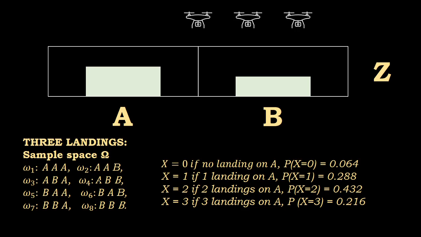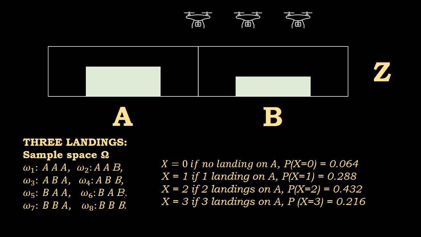In fact, we have a trick. The probabilities will be the same. So instead of adding these 3, we can calculate only one of them and then multiply by 3. So, what's the probability of landing in A? 0.6. Then we multiply that by 0.4, and then by 0.4. So that's the probability of landing on omega 4. If we look at the others, omega 6 will be 0.4 times 0.6 times 0.4, which is the same as omega 4 but in a different order.